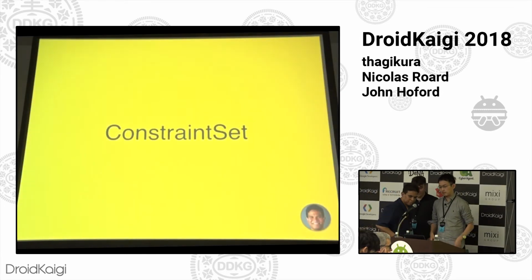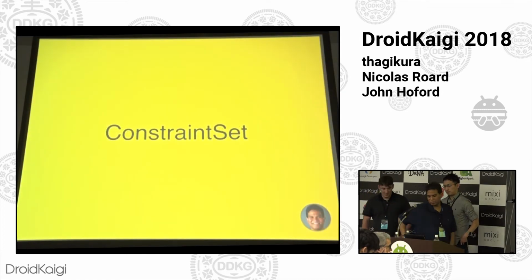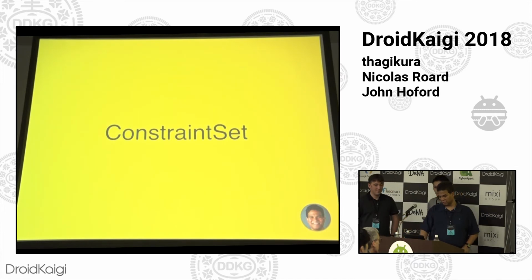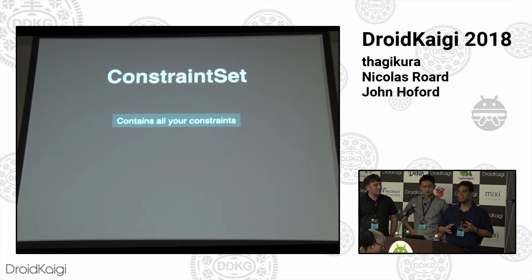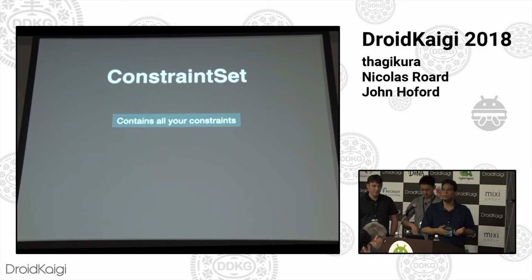All right. So one of the things that we introduced in 1.0 was the concept of constraint sets. A constraint set is a container for all your constraints that is to be applied to a ConstraintLayout. And so it allows you to manipulate it programmatically.